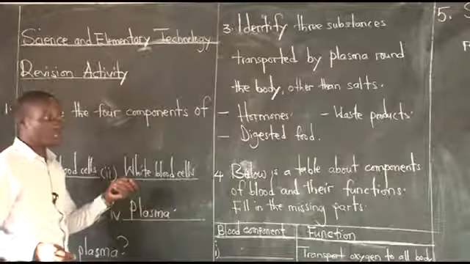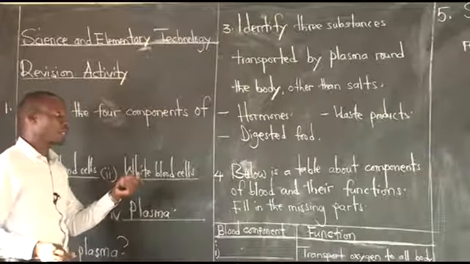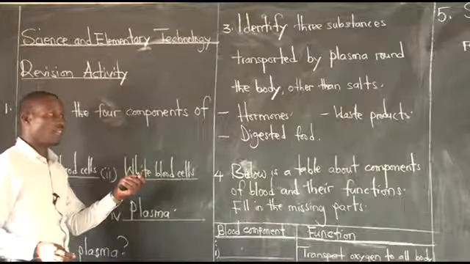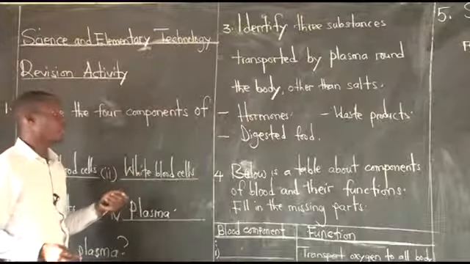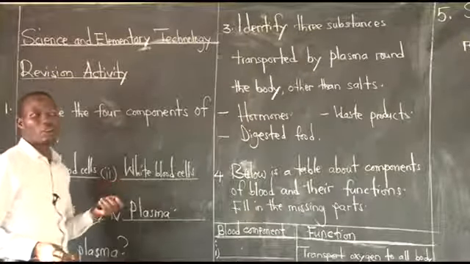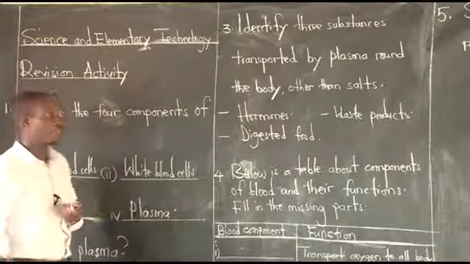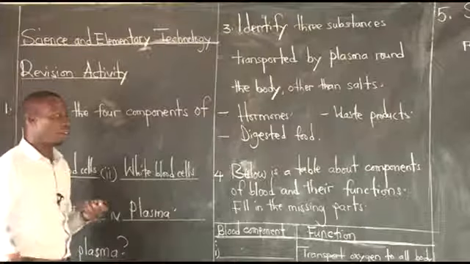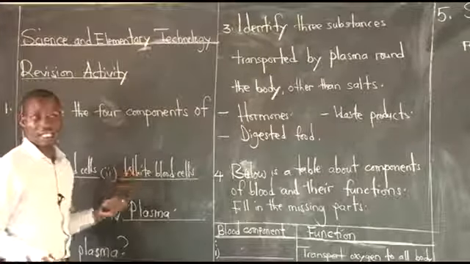Hormones are specifically chemical substances that regulate body cells. You find that they regulate different body cells and different body organs. There are hormones for, let's say, blood cells. Talk of the female cells, the male cells.